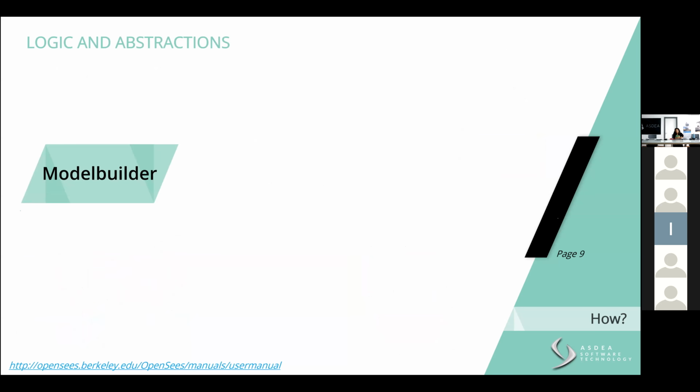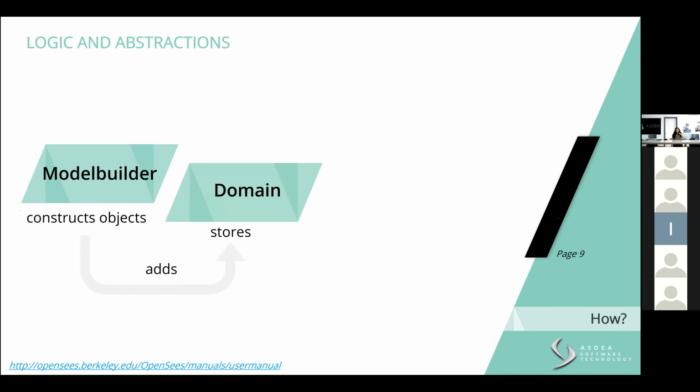So how does it work? As I said, it's a software framework, so it's not an executable. It's made of blocks, let's say modules. The first module that you find in OpenSees is the model builder. The model builder constructs objects.